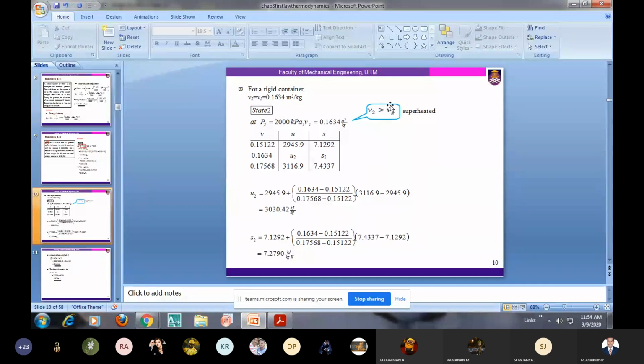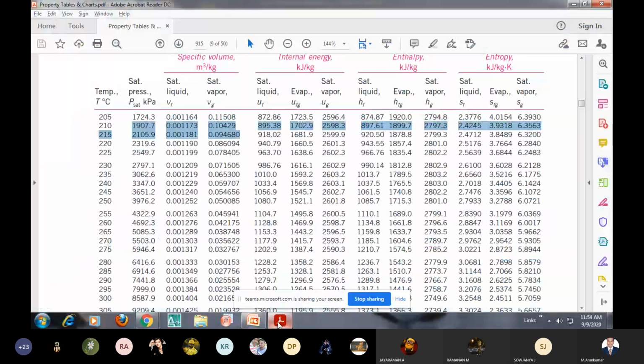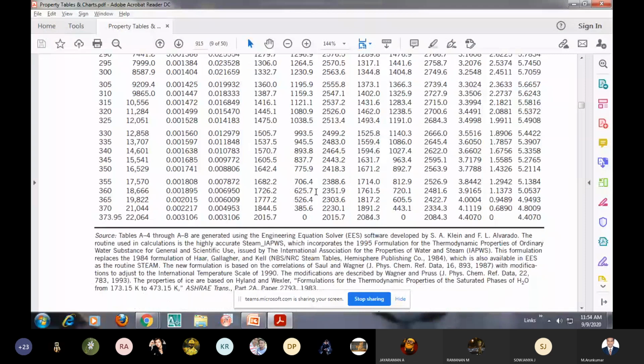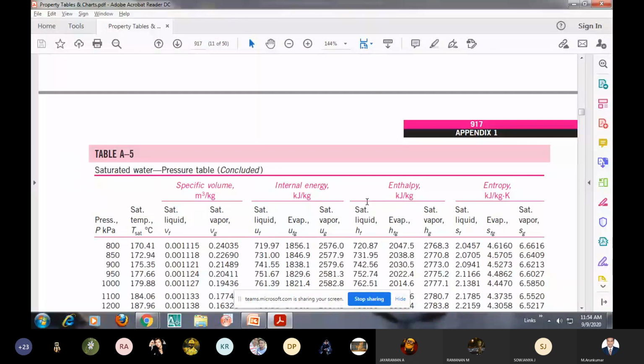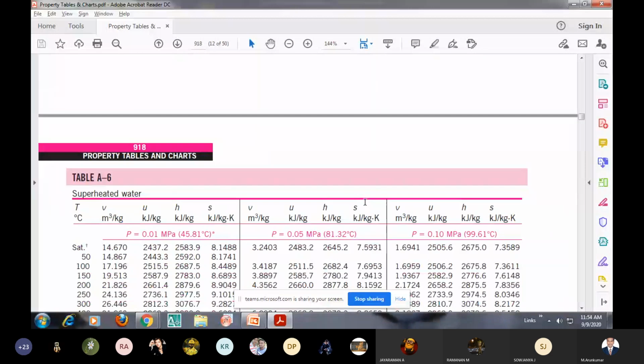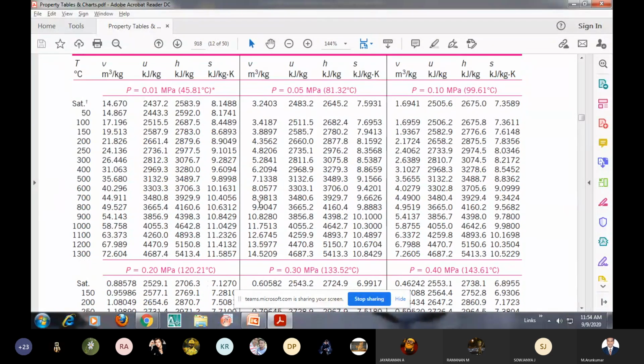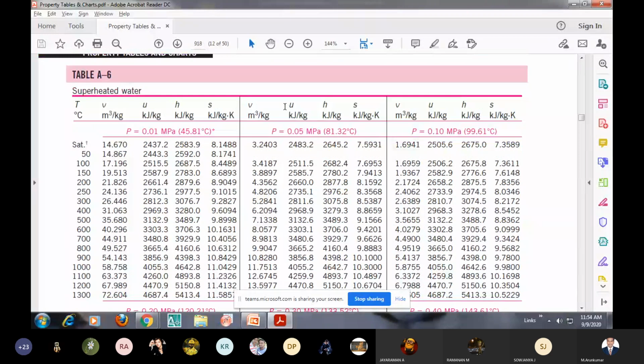This is condition 3. If condition 3 occurs, we have to use the superheated table. So go to the superheated table at pressure 2000 kilopascal.